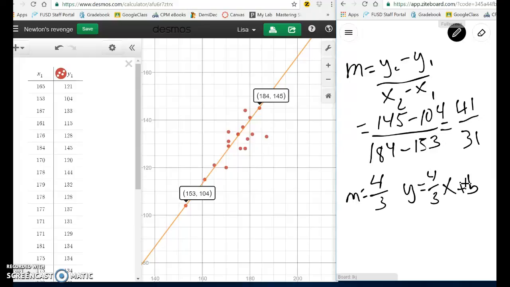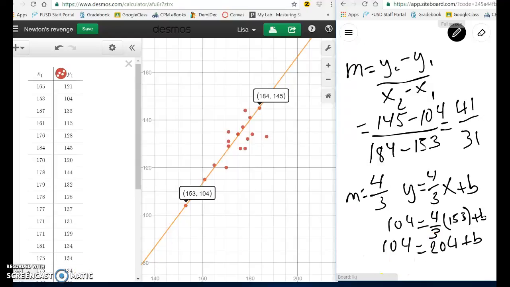So we can use, in place of y, our 104, and in place of x, the 153, and we can simplify and solve for b. 4/3 of 153 simplifies to 204, and we can subtract that from both sides and find that b is approximately negative 100.